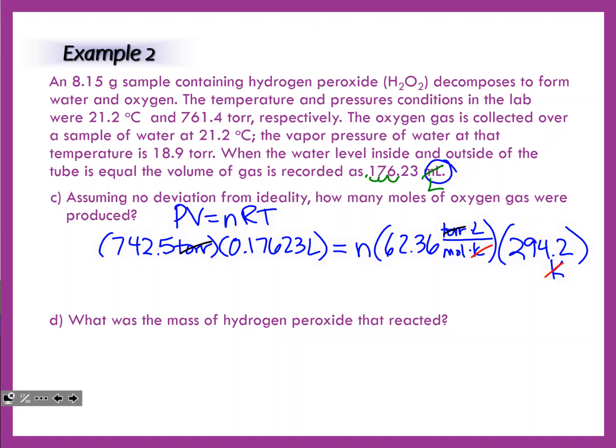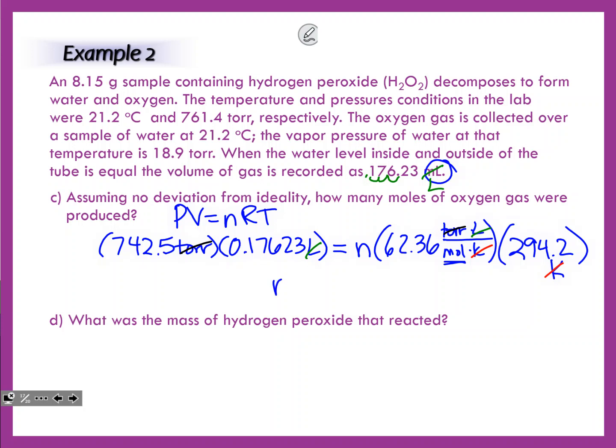The liters cancel with the liters. So after we divide, the mole flips over onto the top, and we end up with our mole here. So now all you have to do is plug it into the calculator and divide by the other side.